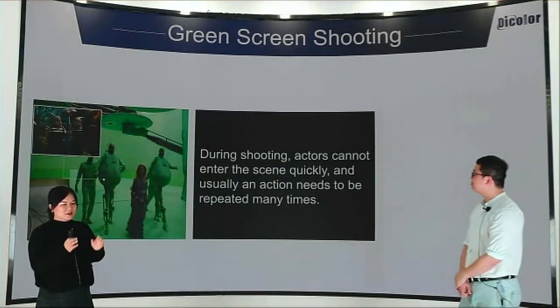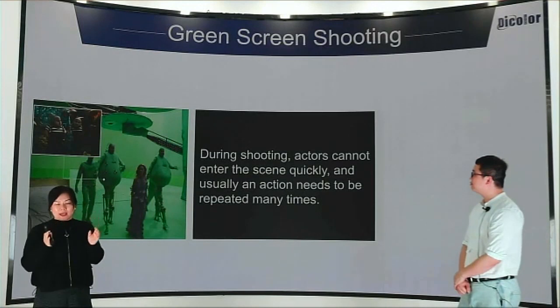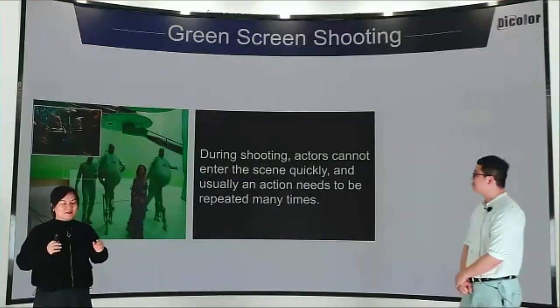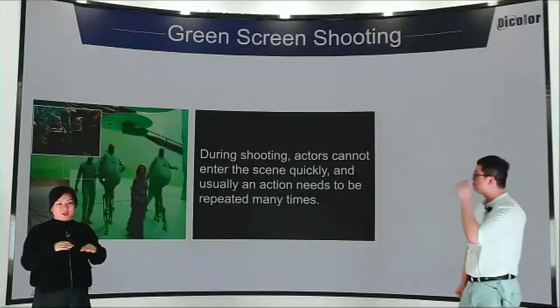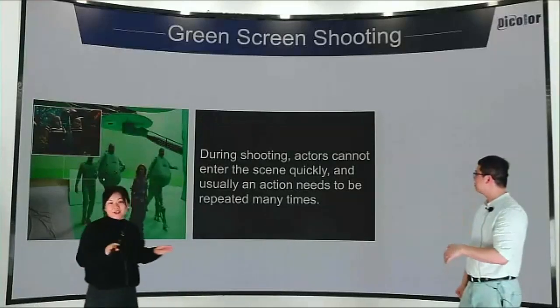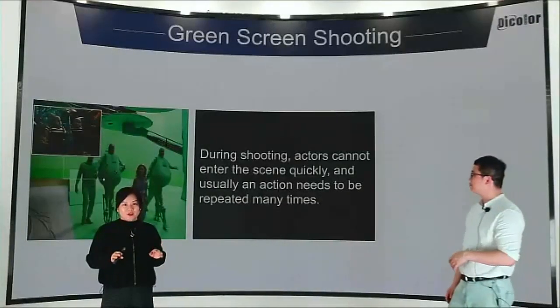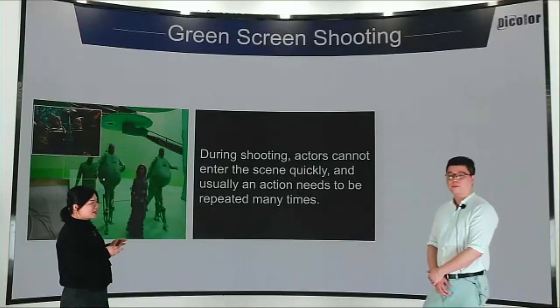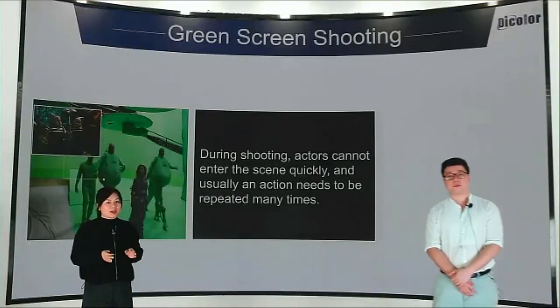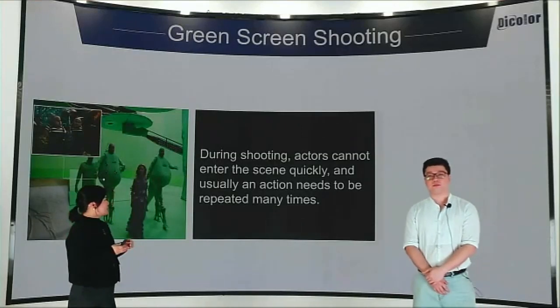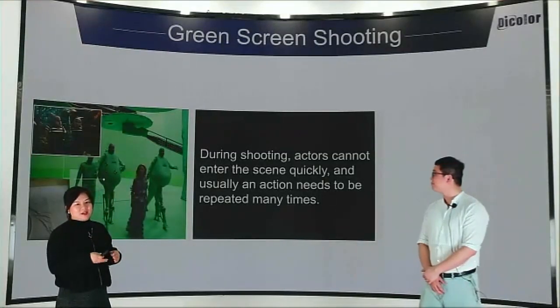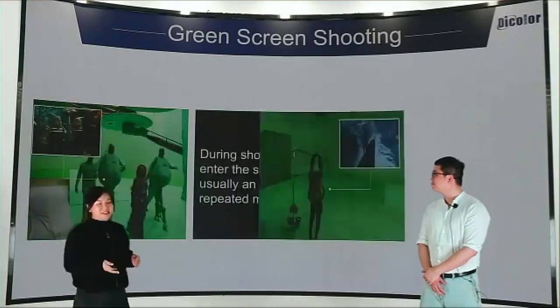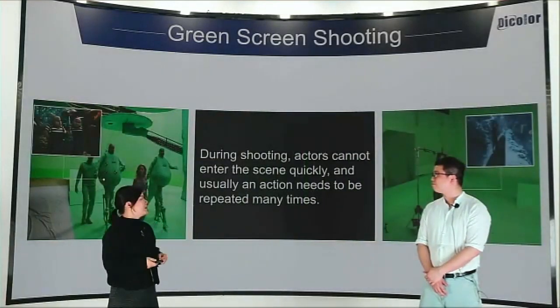So the actors can only use their imagination to act the movie or the actions that they are supposed to take. During the shooting, they cannot enter the scene quickly, and usually the action needs to be repeated many, many times. These are the disadvantages of the traditional way.